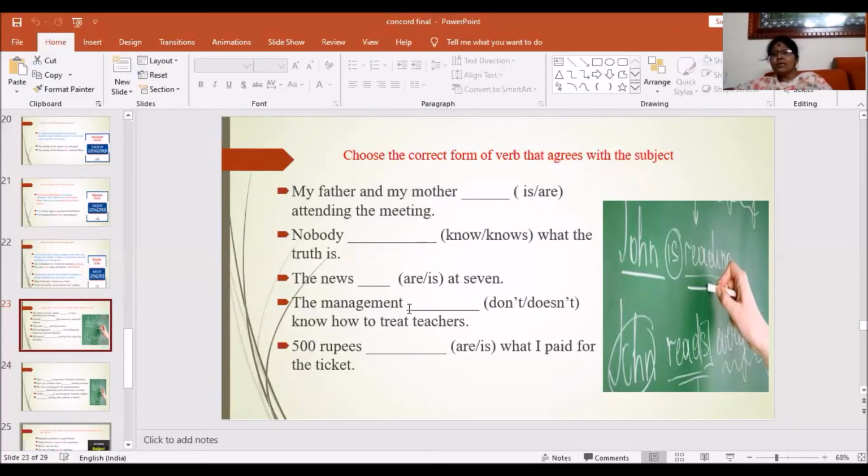Doesn't know how to treat teachers, right? The management doesn't know how to treat teachers. Next one. 500 rupees dash what I paid for the ticket. Now always remember, money will take singular form. So 500 rupees is what I paid for the ticket, right?